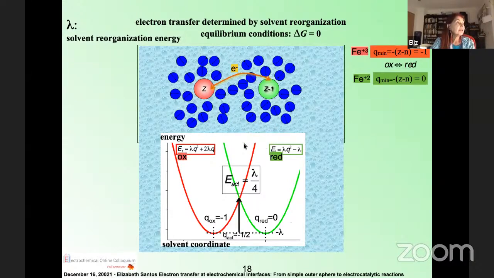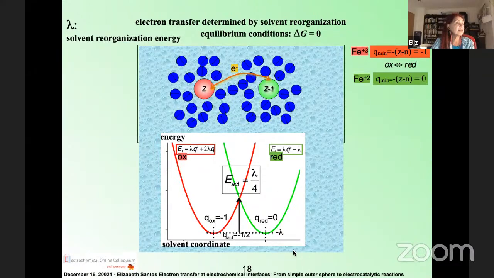And this is for the case of equilibrium, where delta G is 0. For this case, the initial and final state, for example, we can take as an example the redox couple iron +3, iron +2, and we have here the minimum for the iron +3 for the solvent reorganization at solvent coordinate -1.